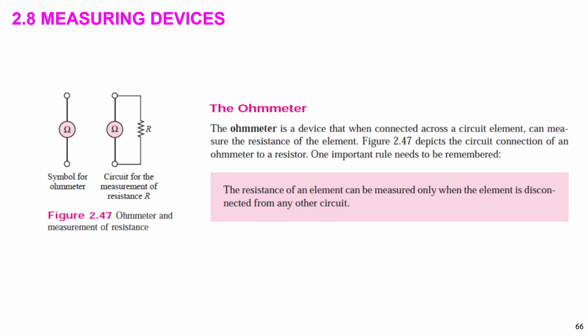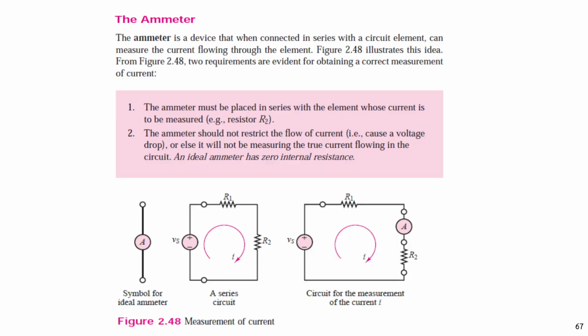And an ammeter we will use for current measurement. For example, if you would like to know how much current flows here, we can use the ammeter. And in solving the circuit, the ammeter will be represented as a short circuit, right? There's approximately no resistance at all when we solve it.